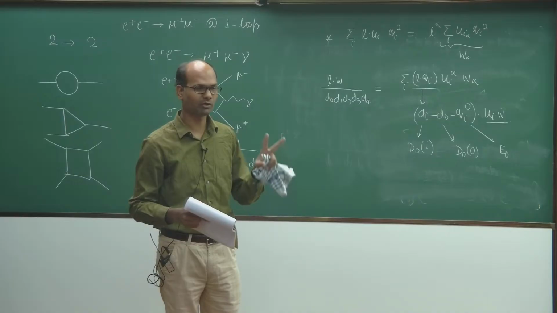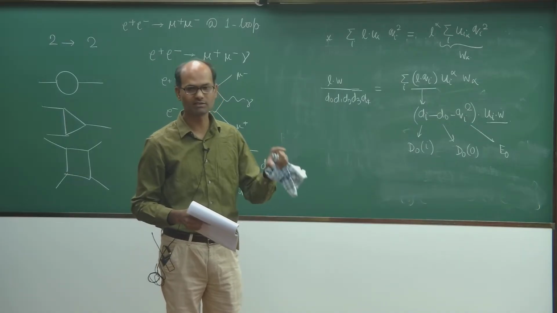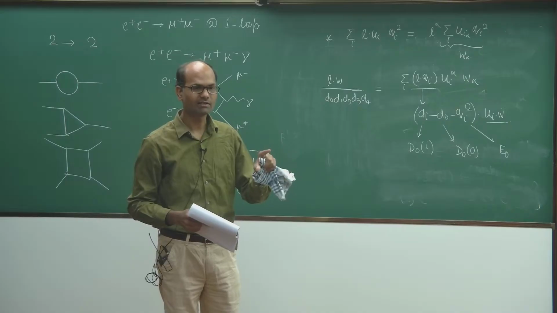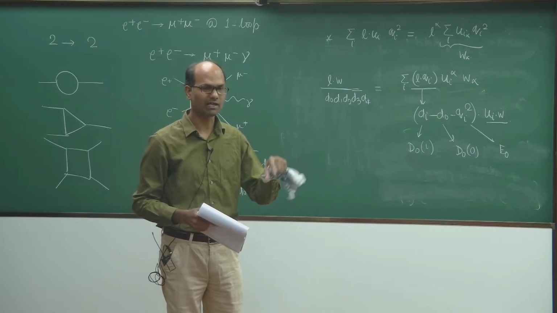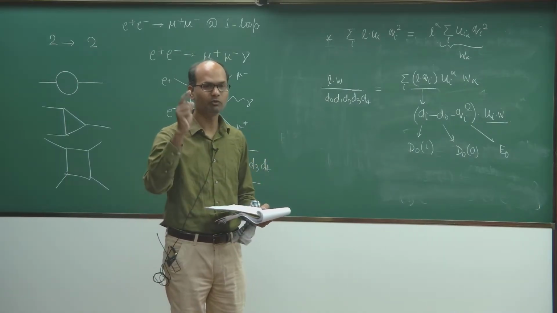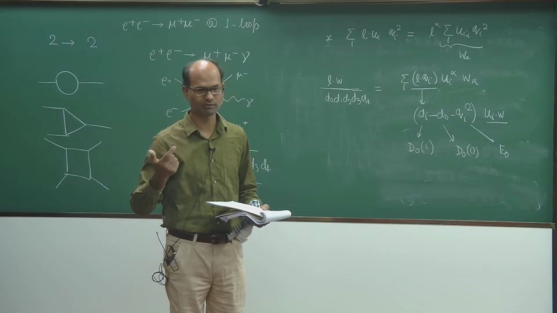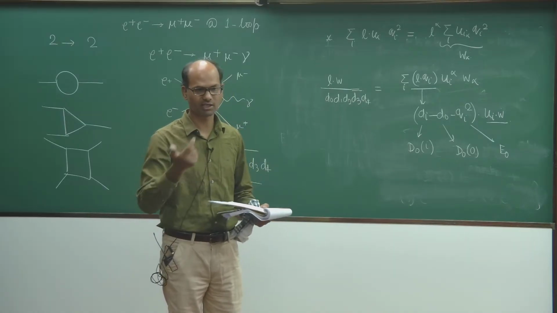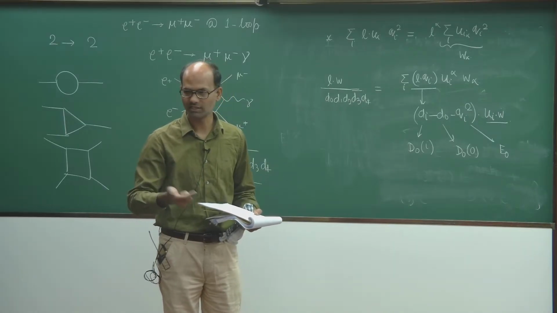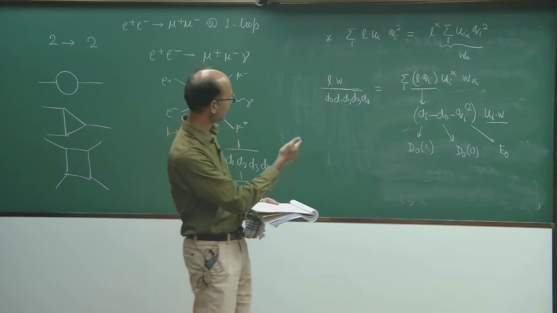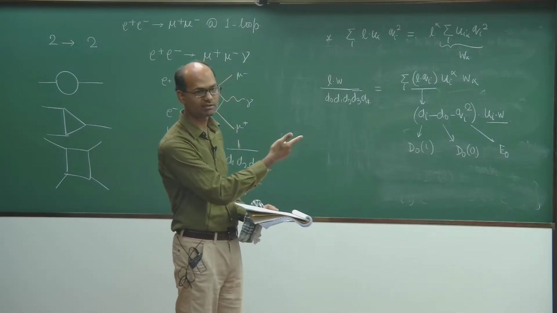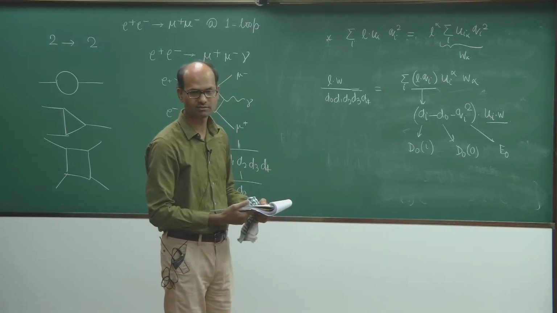As you can see, what we have got is 2 kinds of stuff: E0, the 5-point scalar, and D0s which arise out of removing any of the propagators of the 5-point function, the reduced scalars. So you can clearly see that E0 has been expressed in terms of D0s.